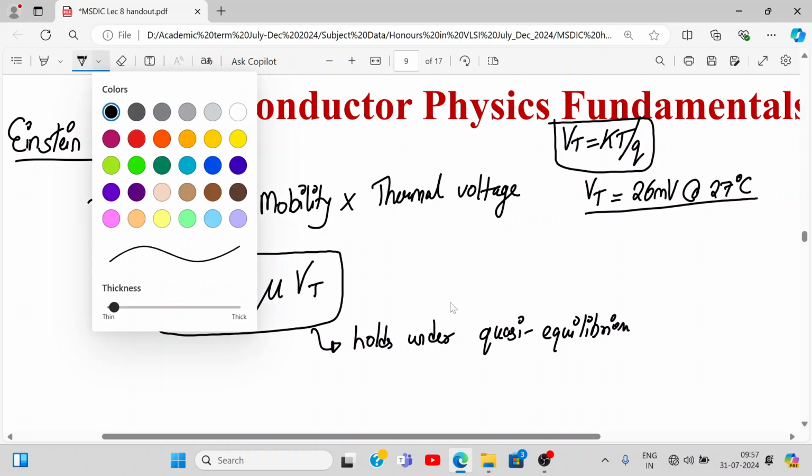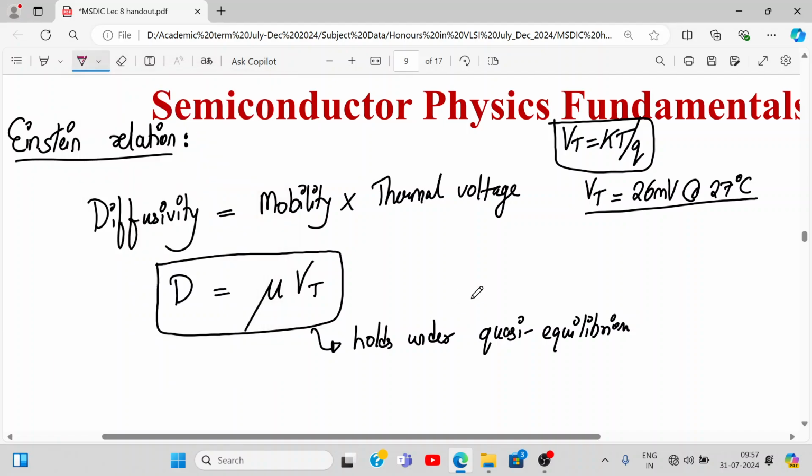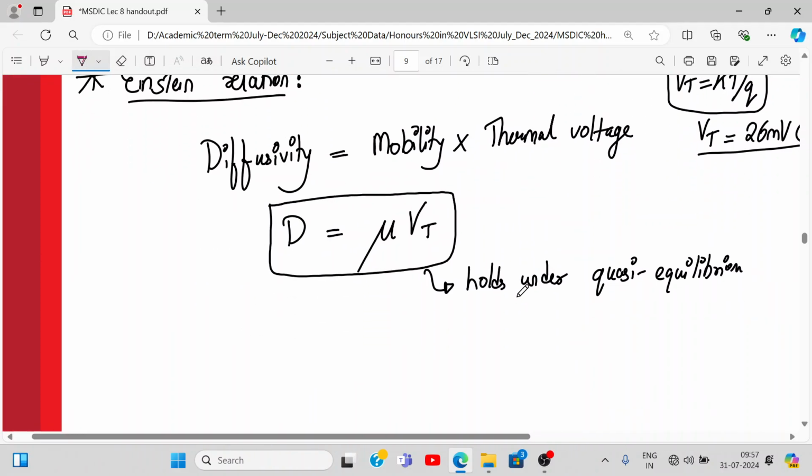Write down what this diffusivity or D means. Diffusivity is a constant. This D is a constant associated with diffusion transport.